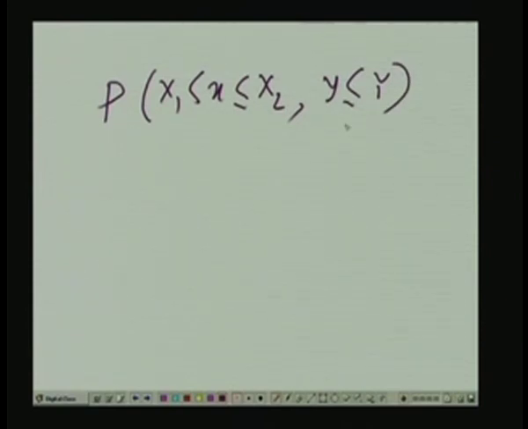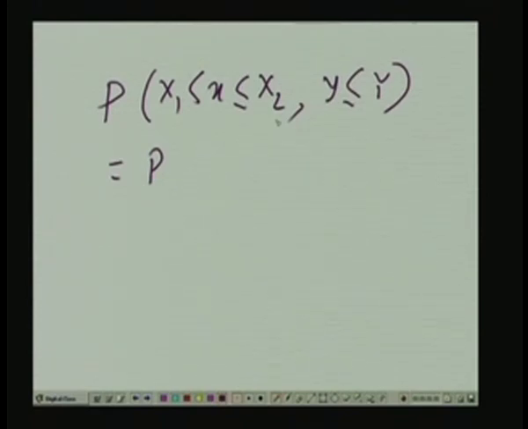This means we can always write it like this. The event consists of x lying within this zone, less than or equal to X2 but greater than x1, and y less than or equal to Y. Now, this is the event.